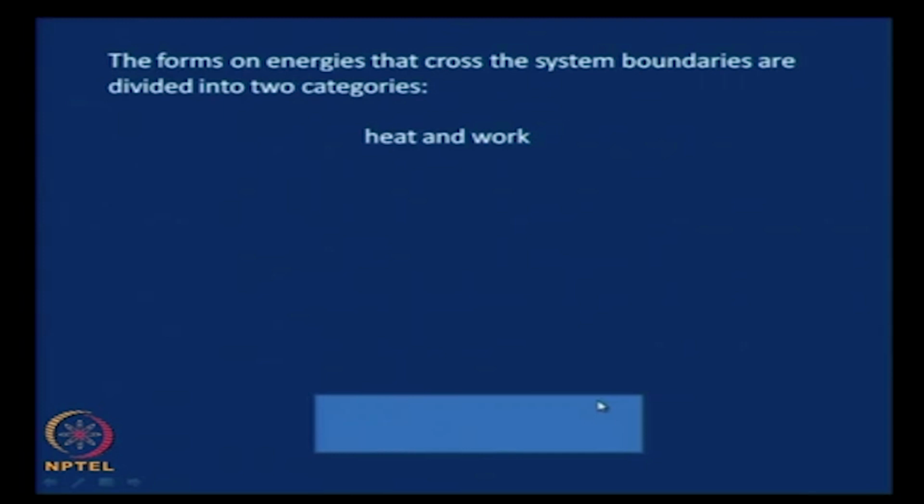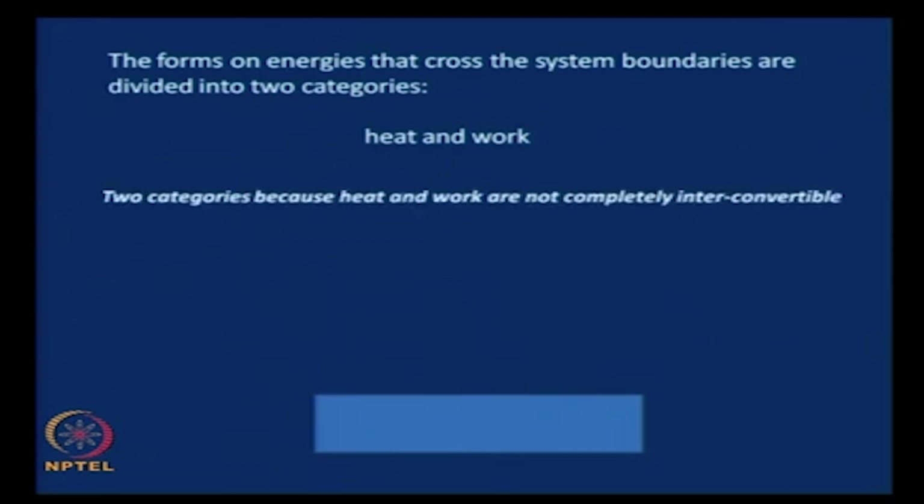The forms of energies that cross the system boundaries are actually divided into two categories, heat and work. Why do we need to divide these into two categories, heat and work? It's essentially because heat and work are not completely interconvertible. You cannot convert heat into work completely, and therefore you need to consider them as two separate entities.